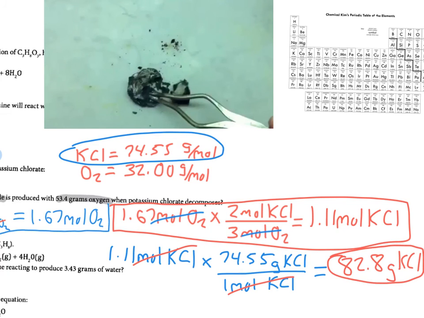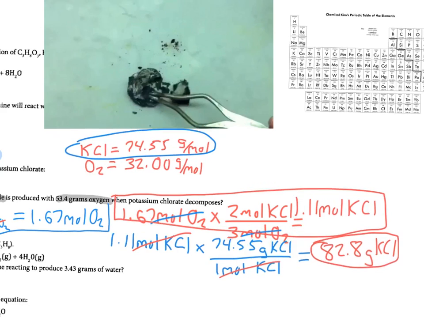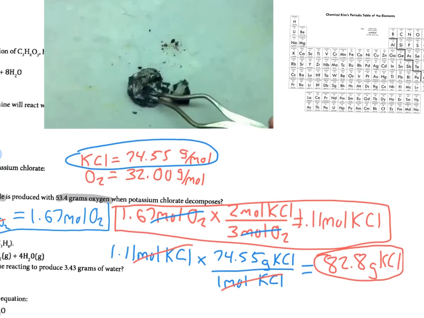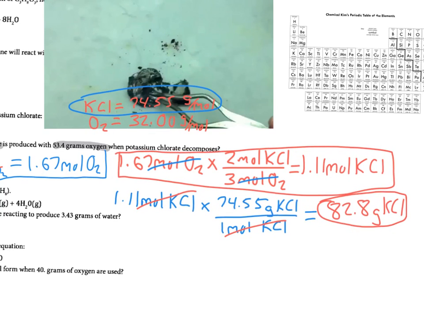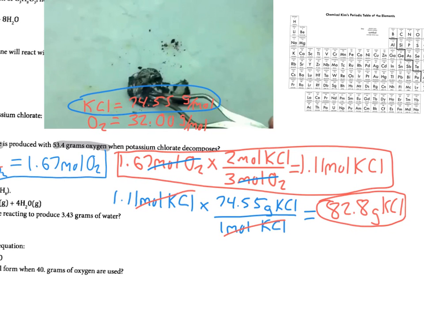One thing to note: if you did not clear your calculator after doing the answer from step 2 into step 3, you could have gotten an answer of 82.999, repeating, which would round up to 83.